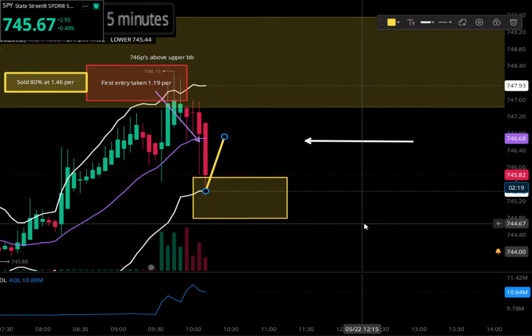I'm going to set that level above 746.68. So I want that level to be above the 746.61, slightly below the lower Bollinger in this case.